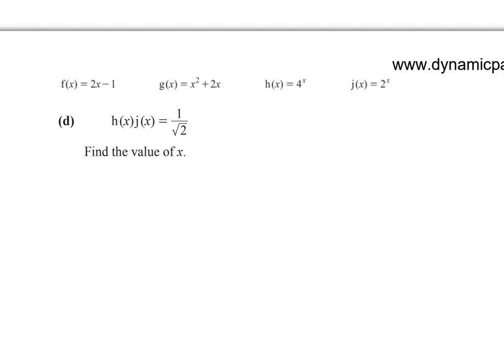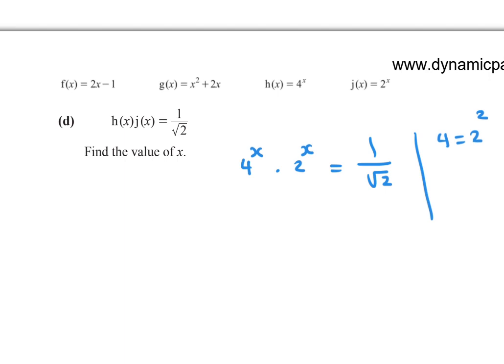D, h(x) j(x) equals 1 over square root 2. Find the value of x. h(x) is 4 power x, j(x) is 2 power x, equals 1 over square root 2. 4 can be written as 2 power 2.